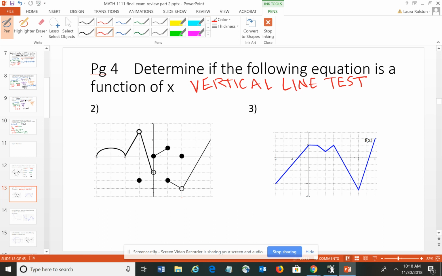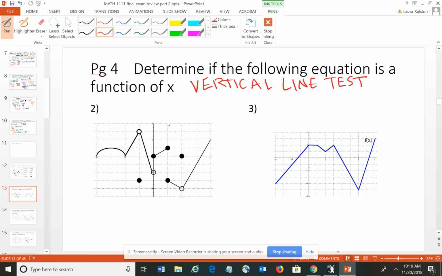On the second question, number 2, again, you've got to be careful and pay attention to whether you have open dots or closed dots. So at -1 here, I have an open dot and a closed dot. So that would be acceptable. Even at 0, I have an open dot and a closed dot. That's okay.